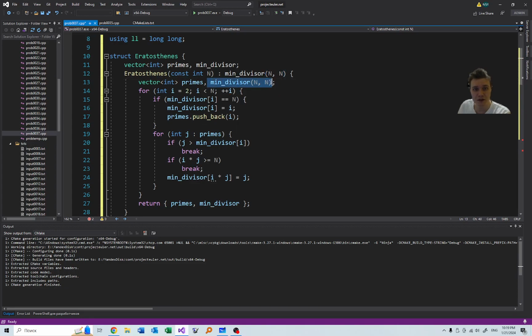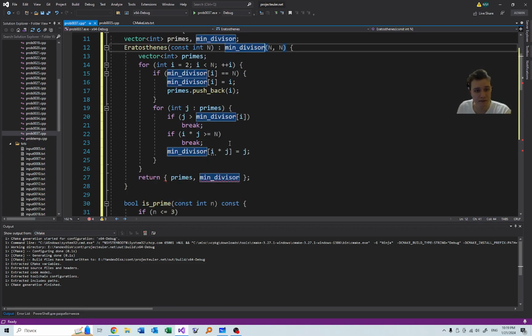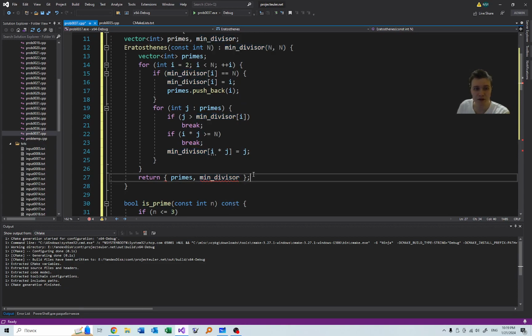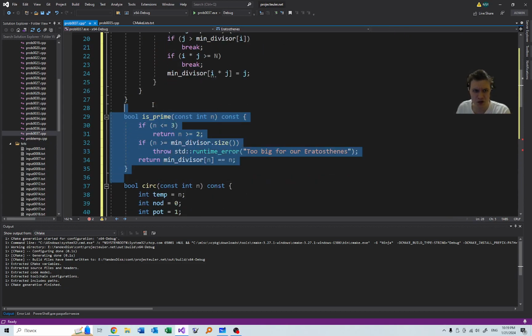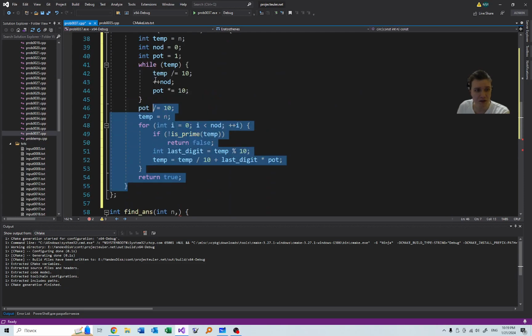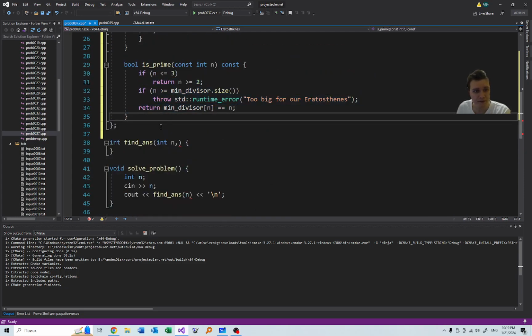Here we remove this part. Here we don't return anything. And this works quite well. We don't need this part.